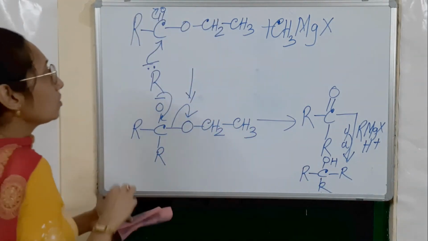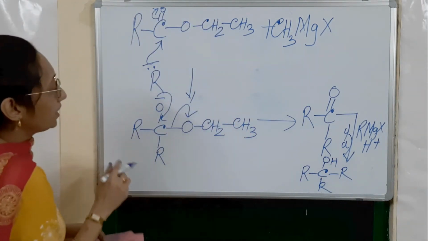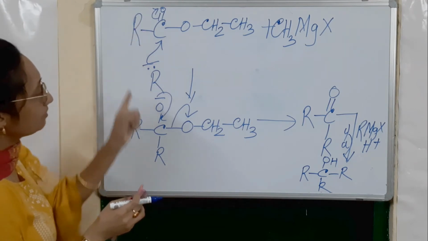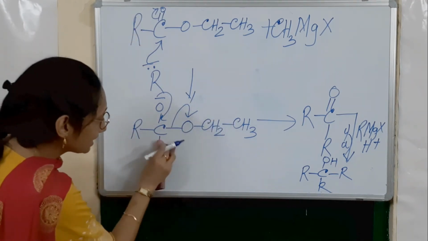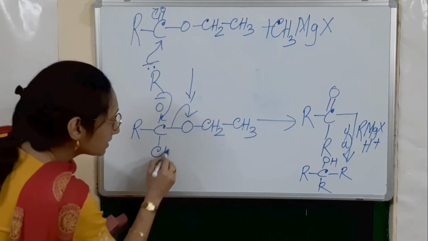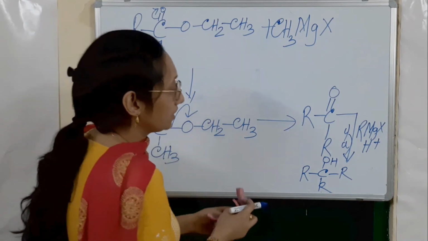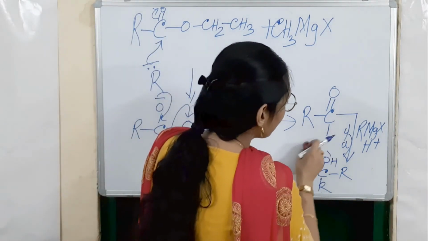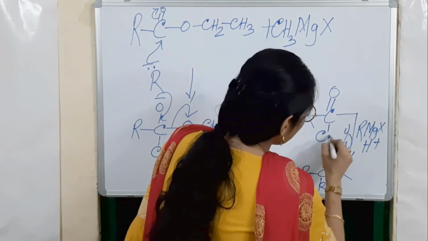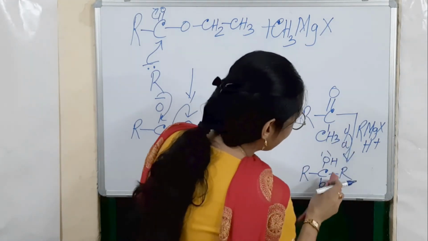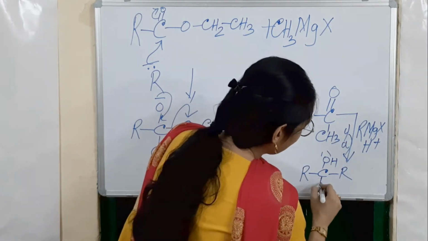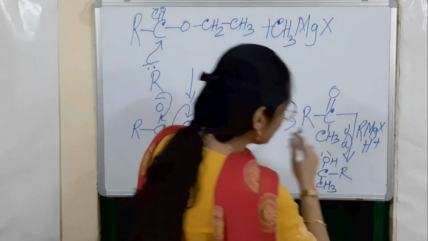Now suppose you change this RMgX to CH3MgX. So here your product will be this R C double bond O, these are all intact. This will become CH3. Now here it will be CH3 and your alcohol, that is 3-degree alcohol, has CH3.